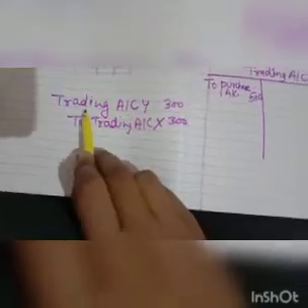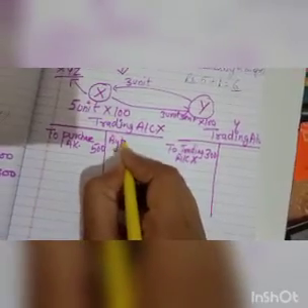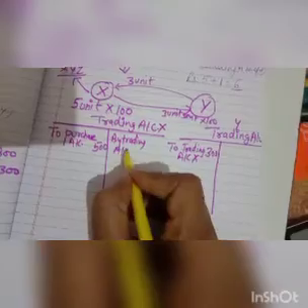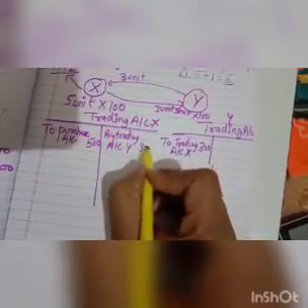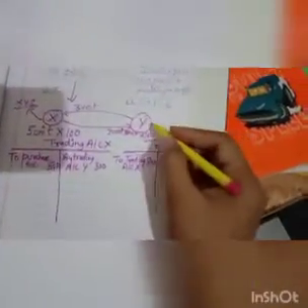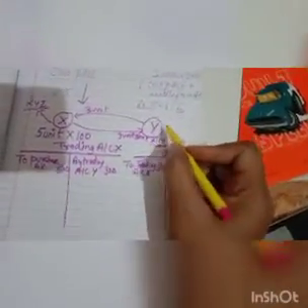And in department X, what will the entry be? 'By trading account Y.' How many units were transferred? That was 300.